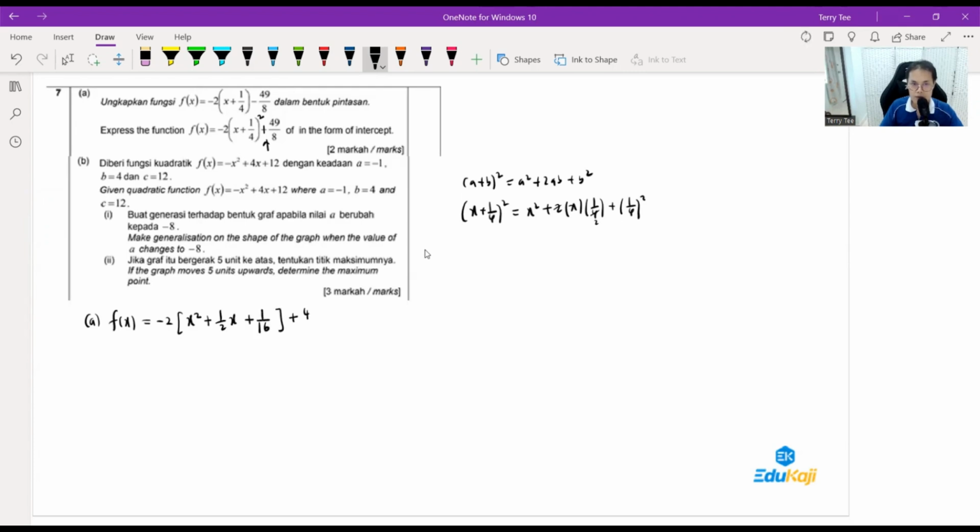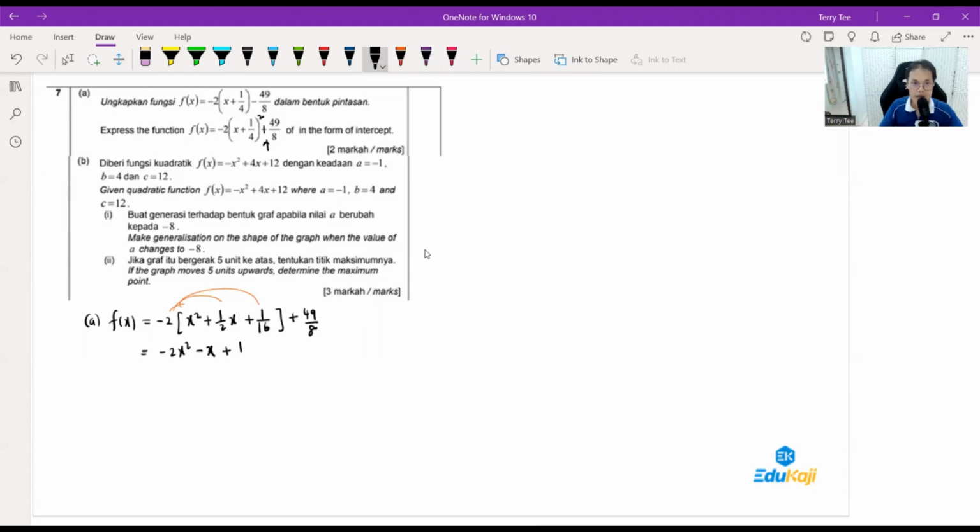Then you plus 49 over 8. All right. Now, next, let us expand this bracket. This will be negative 2x squared. All right. I just multiply in 1 by 1. So I will get minus x plus 1.